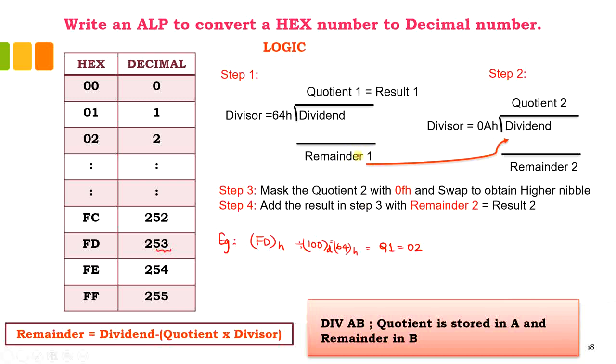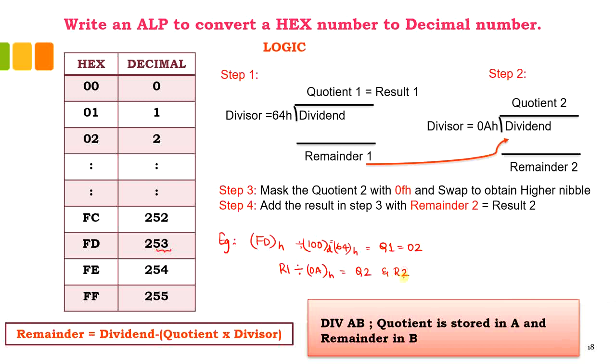That remainder 1 has to now be considered as the dividend, and this has to be divided by 0AH. 0AH is nothing but equivalent to 10 in decimal. So we are dividing it by 10 basically, but in hexa it will be 0A.